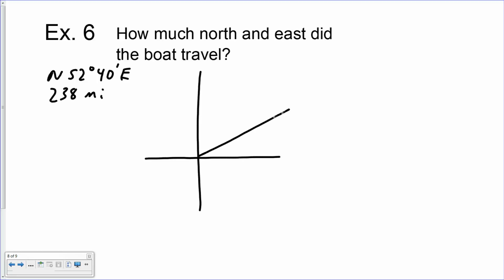You're going to have something that looks like this for 238 miles, and labeling that angle as 52 degrees 40 minutes. Be careful, 40 minutes does not mean 0.40. The question, how far north and how far east did this boat travel, means how far north and how far east did it travel.